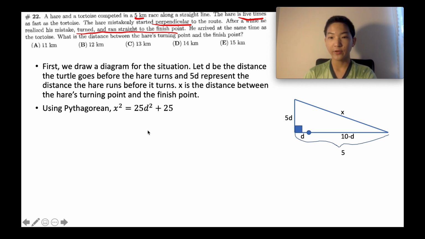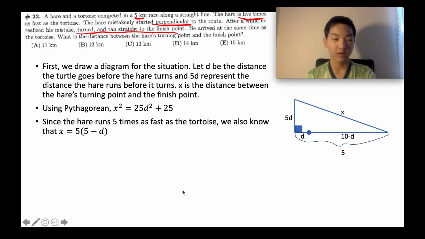So using the Pythagorean Theorem, 5 squared, which we can have be a, 25d squared, b, so a squared plus b squared must be equal to c squared, which is x. So since the hare runs 5 times as fast as the tortoise, we also know that since the hare and the tortoise arrive at the finish line at the same time, that's 10 minus d. Sorry, this should not be 10 minus d. This should be 5 minus d.